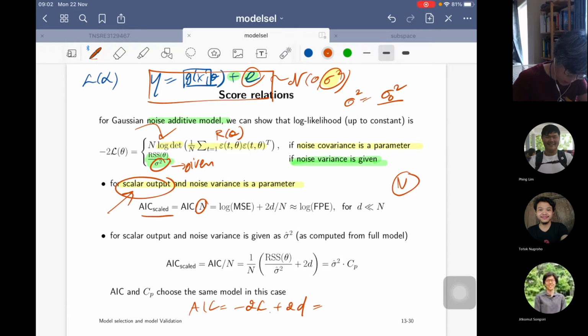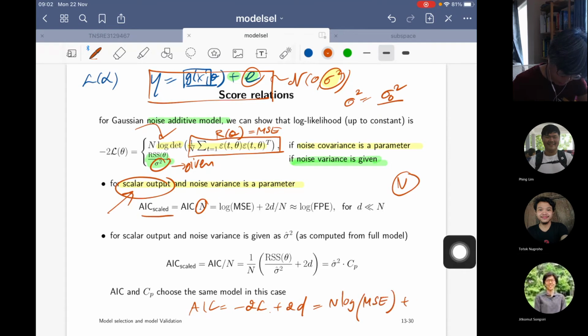So negative 2L would be n log of, when this thing becomes a scalar, basically the mean square error. So this is the log of MSE, plus 2D. Now you divide it by n.